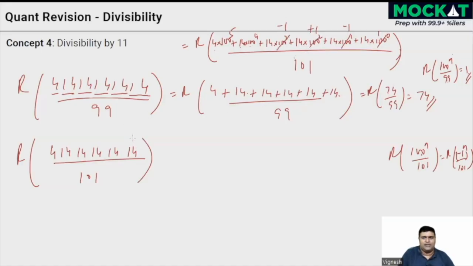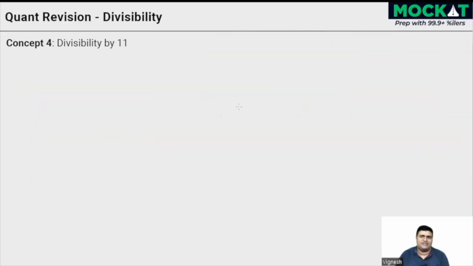So it's going to alternate plus, minus, but 2 digits at a time. 2 digits at a time plus, 2 digits at a time minus, plus and minus. Plus 14 minus 14, they're all going to get cancelled. Plus 14 minus 4 comes to 10. 10 becomes the answer over here. So likewise, you could extend it to 999 or 1001 and so on.